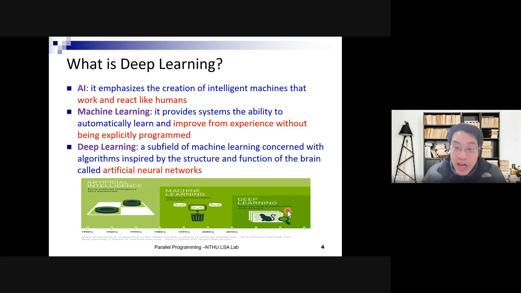Maybe it's not. And deep learning or neural networks are also not guaranteed to be the best solution for AI, because it all depends on your problem complexity and your data, right?